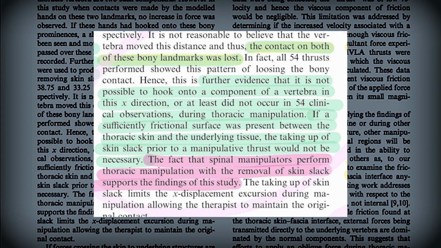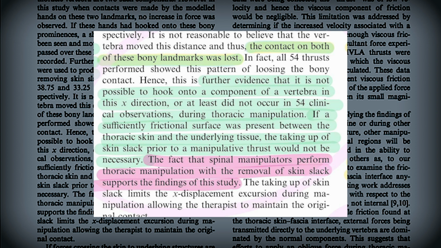If a sufficiently frictional surface was present between the thoracic skin and the underlying tissue, the taking up of skin slack prior to a manipulative thrust would not be necessary. And he says, I emphasize this in my own reading here, the fact that spinal manipulators perform thoracic manipulation with the removal of skin slack supports the findings of this study.